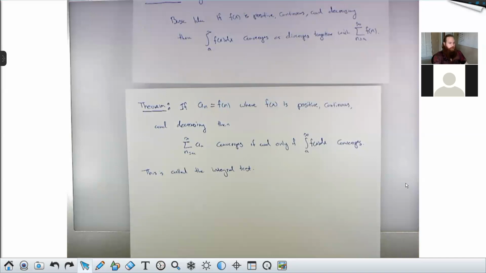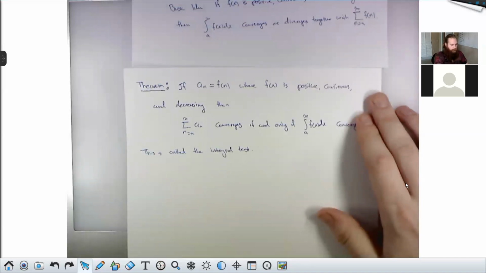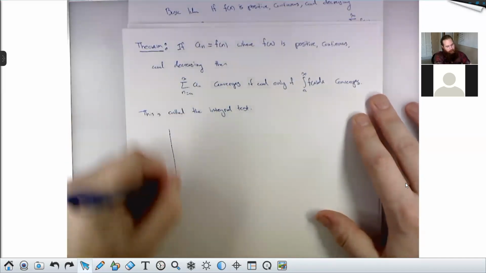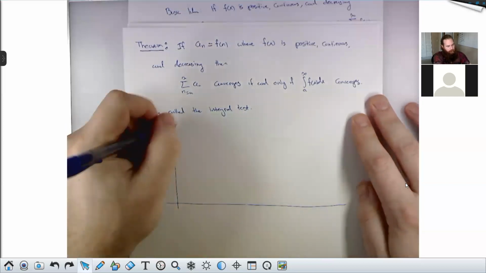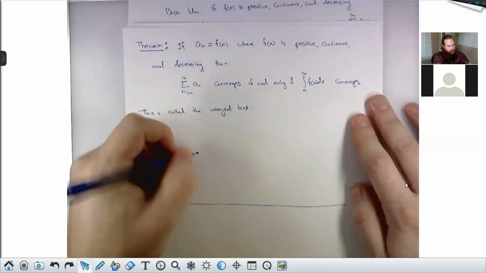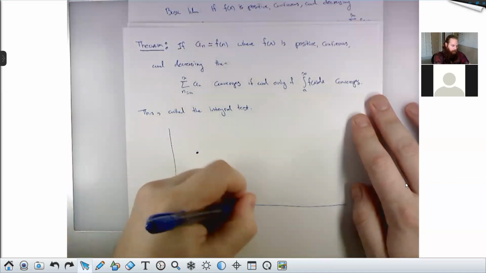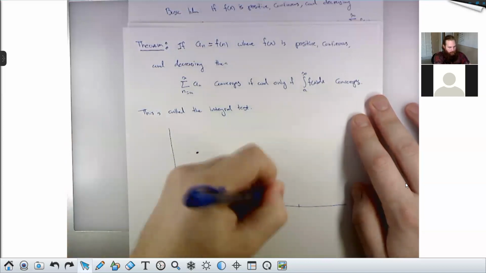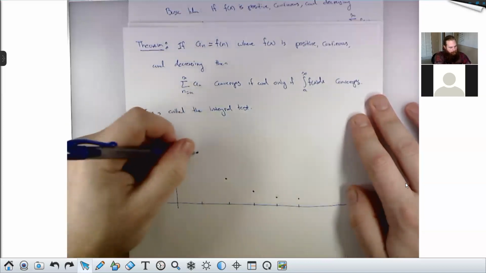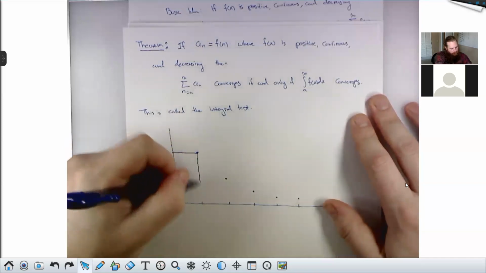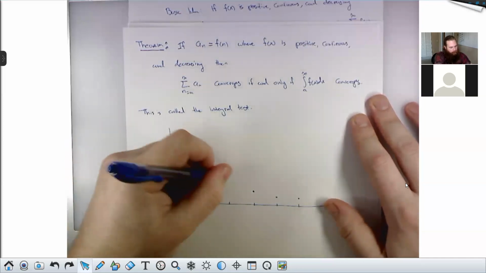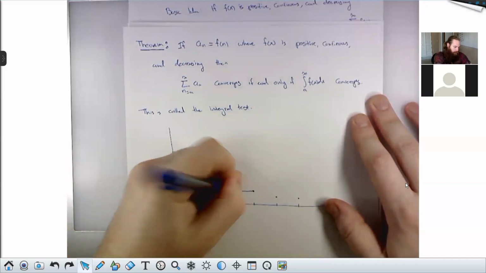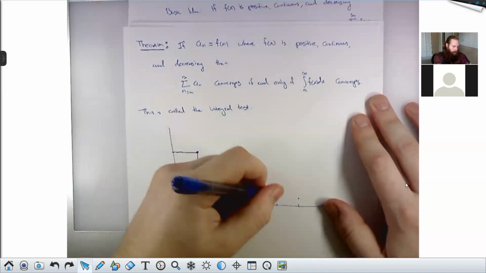There's a picture that goes along with this. And basically, you can think of the infinite series as being like a Riemann sum for the integral. So maybe here's my sequence, A1, A2, A3, 4, 5, whatever. Remember, my infinite series is the area of these rectangles, all added up.